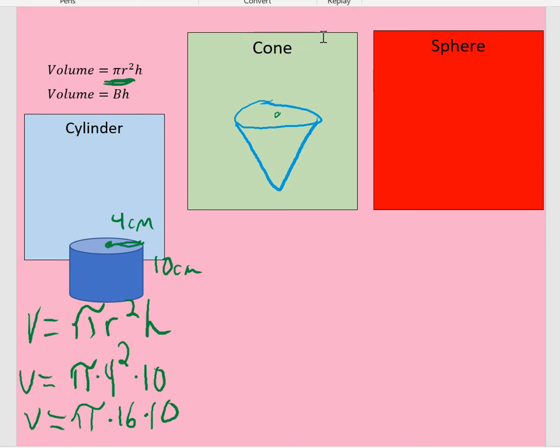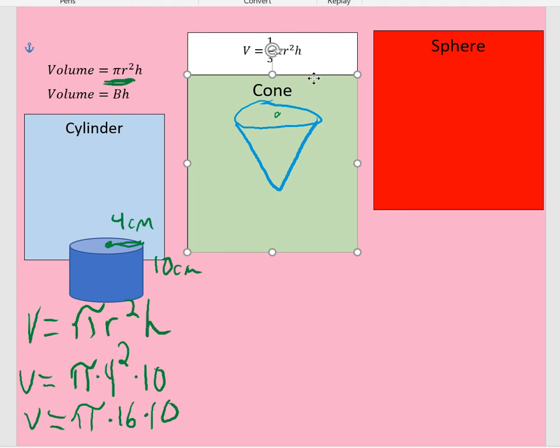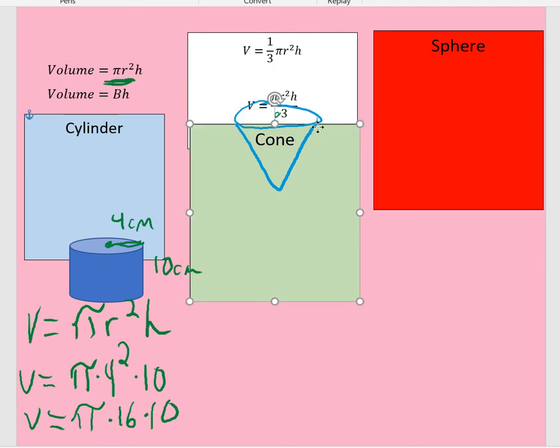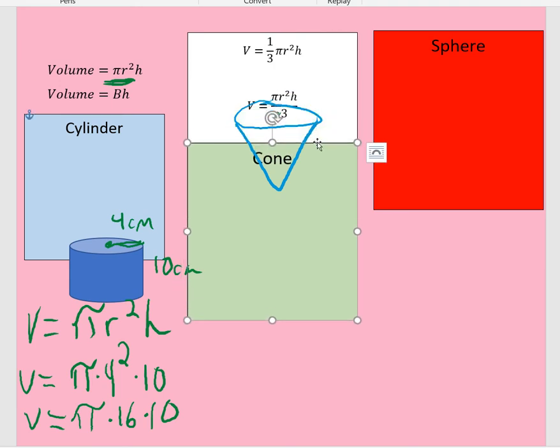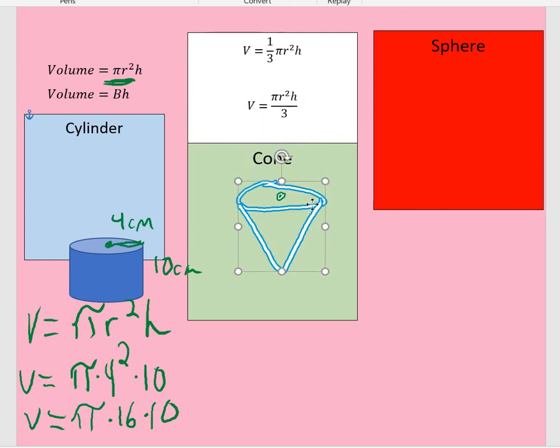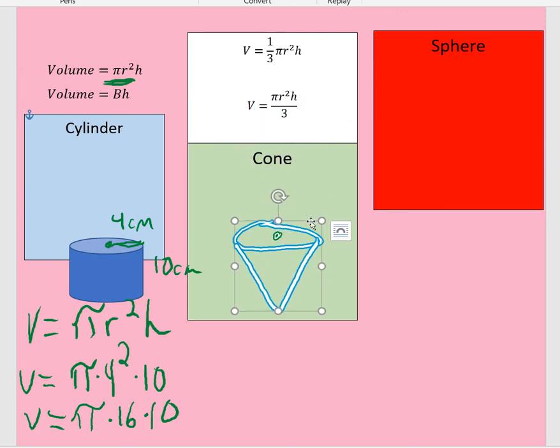So the formula is the exact same, except we would divide it by 3, okay?